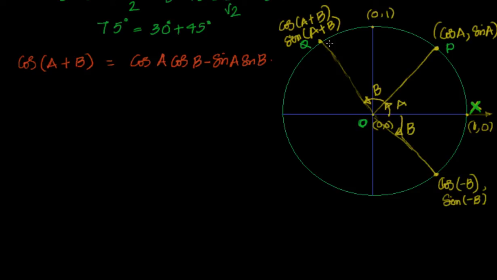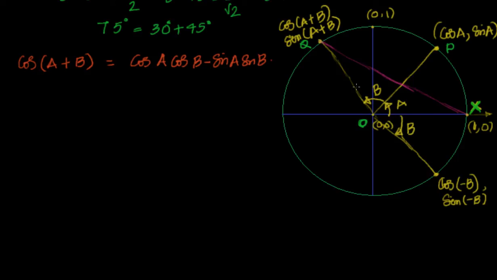If I join Q and X, what it will become? This is a triangle QOX. You know this total angle is equal to A plus B, and these two sides are nothing but radius of 1.